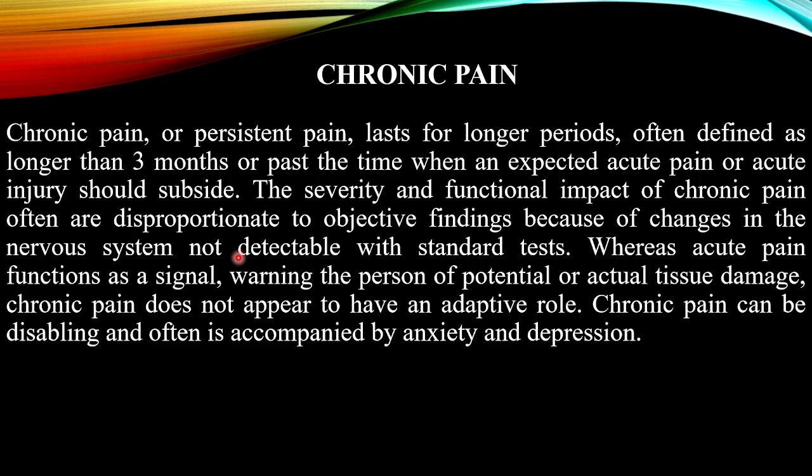Then chronic pain. Chronic pain or persistent pain lasts for longer periods, often defined as longer than 3 months or past the time when an expected acute pain or acute injury should subside.